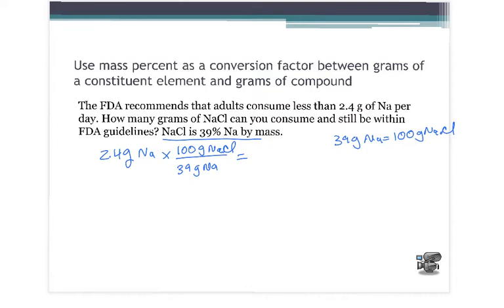If we know the experimental mass percent, it's a shortcut way of figuring out how much sodium we have in sodium chloride without doing the 4-step process that we did in the last section. The grams cancel out for sodium, and we are left with sodium chloride. This amounts to 6.2 grams of sodium chloride. So we would have to consume no more than 6.2 grams of sodium chloride to maintain the FDA guideline.